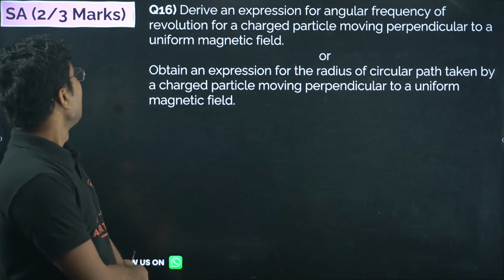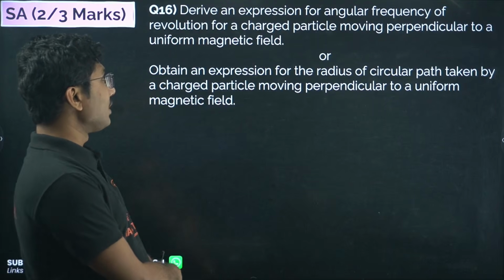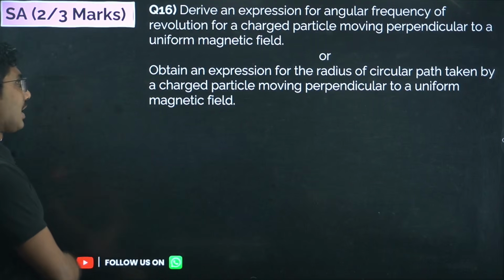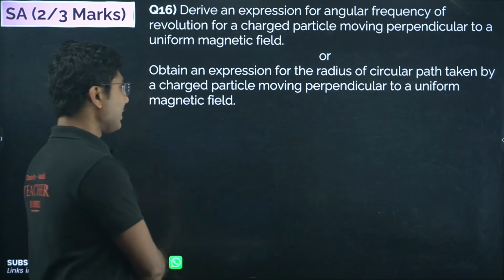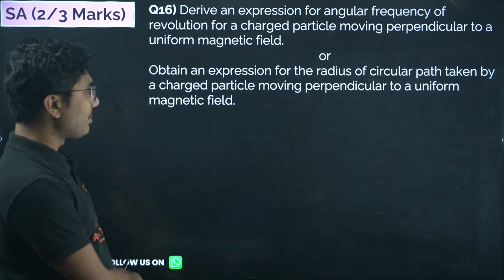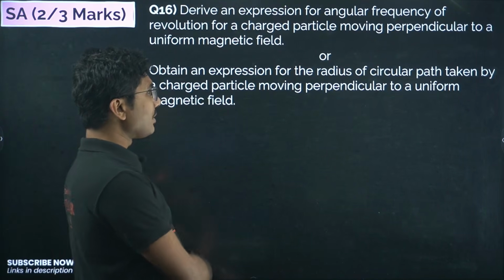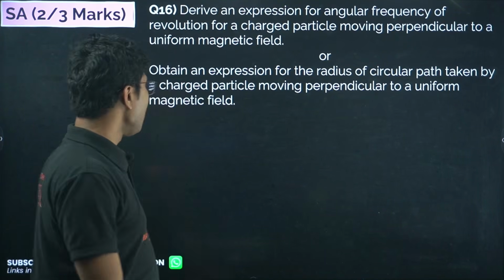Next, derive an expression for angular frequency of revolution for a charged particle moving perpendicular to a uniform magnetic field. Obtain an expression for the radius of the circular path taken by a charged particle moving perpendicular to a uniform magnetic field.